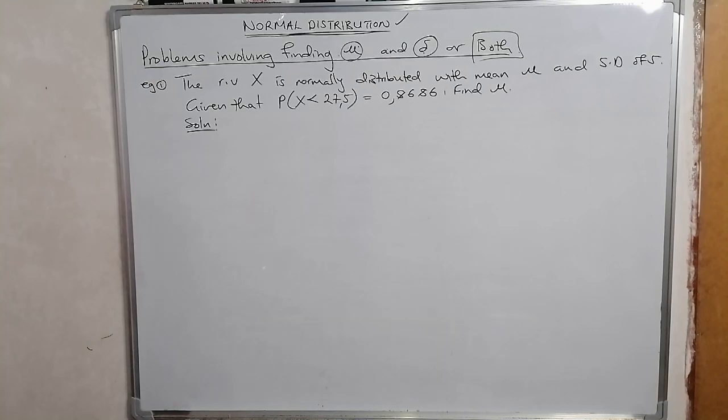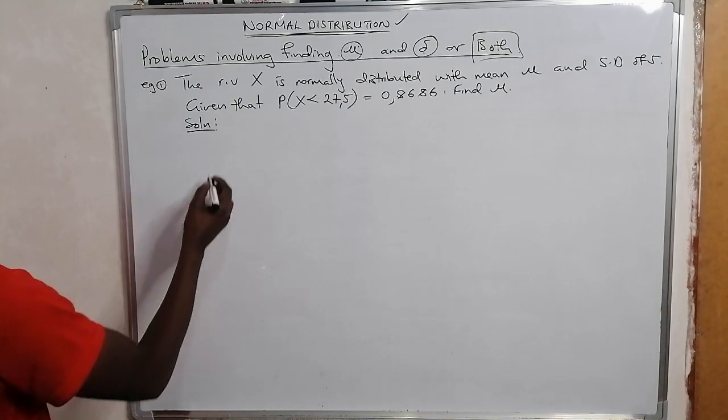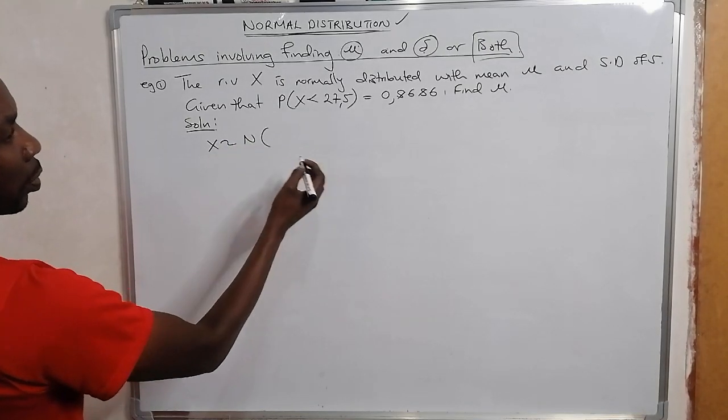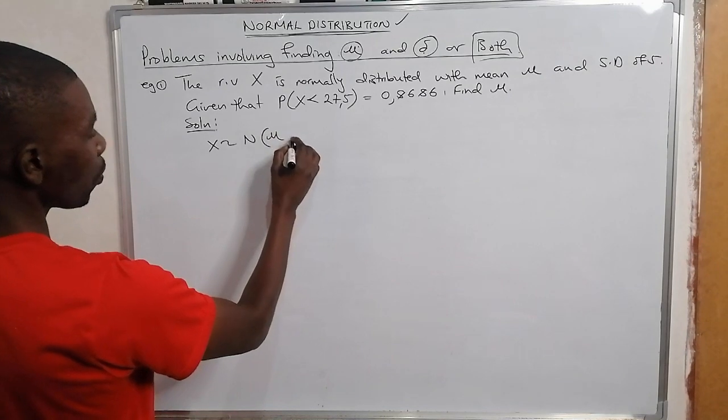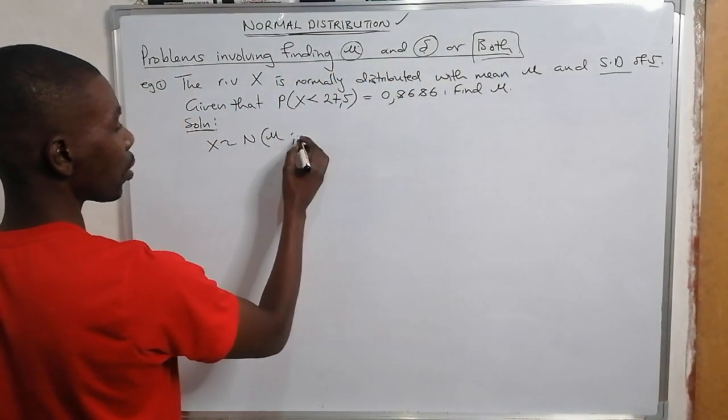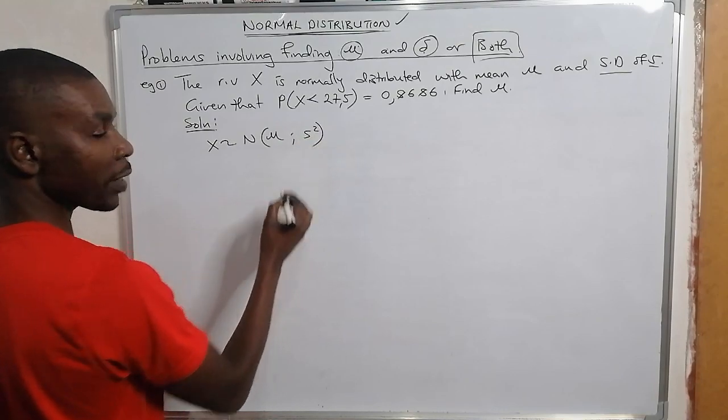Solution. We are given that x follows a normal distribution with mean mu and standard deviation 5, which means 5 squared for variance.